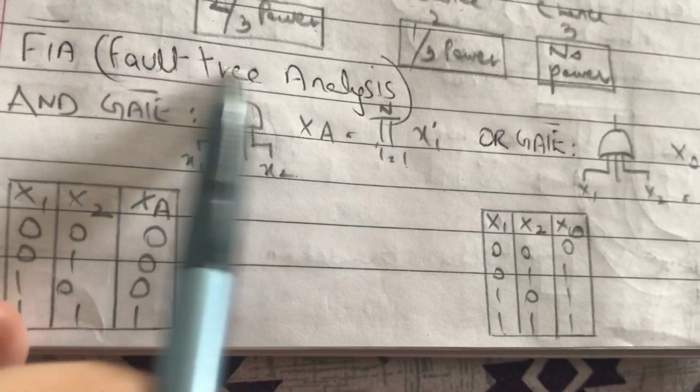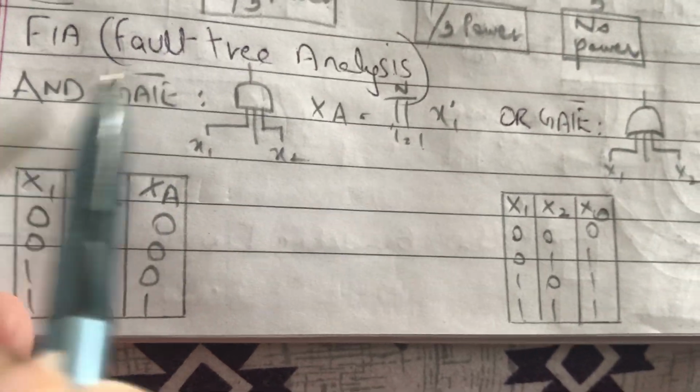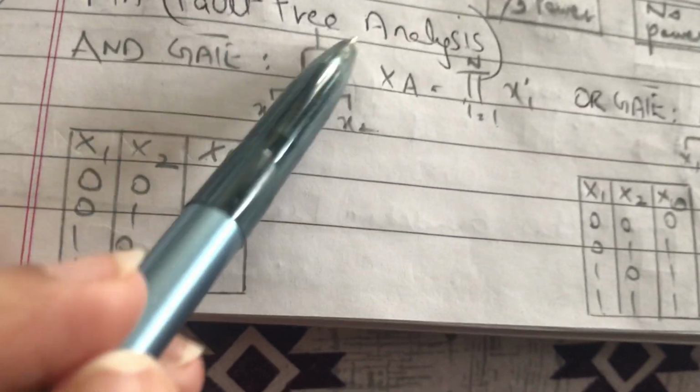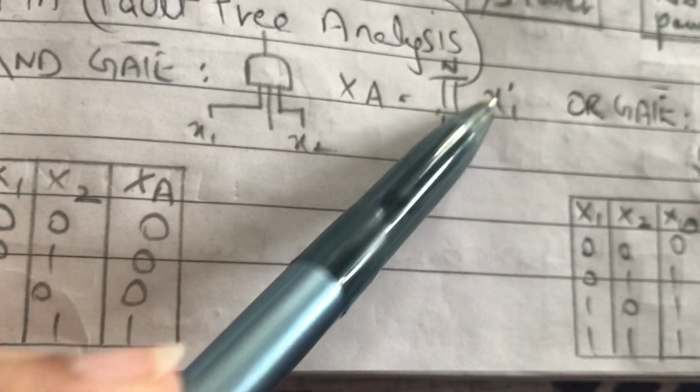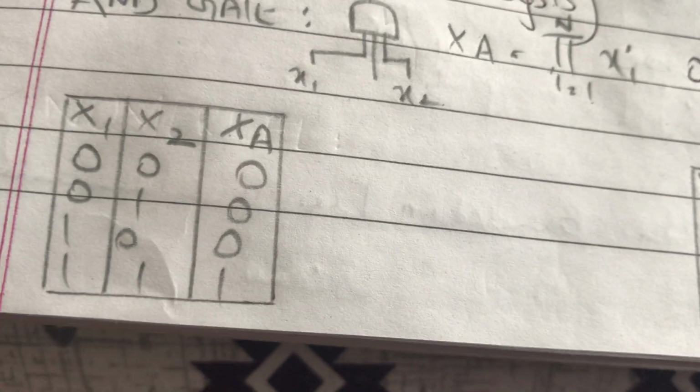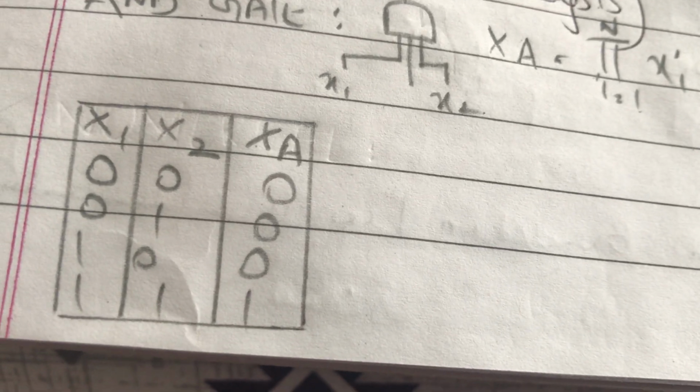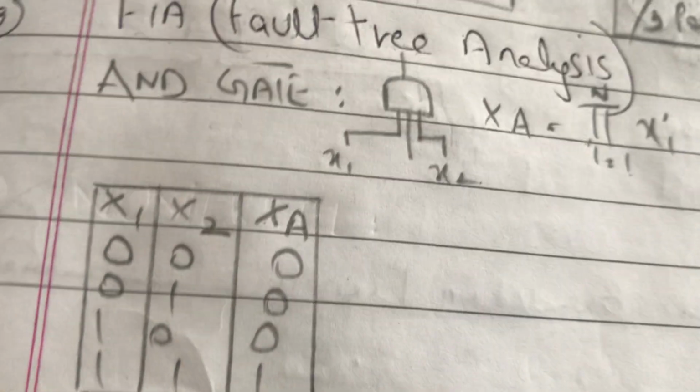So in fault tree analysis we have two gates, AND gate and the OR gate, and they both have a formula, that is x of A and x of O. They are represented like this, and they have the same properties for all x1, x2.